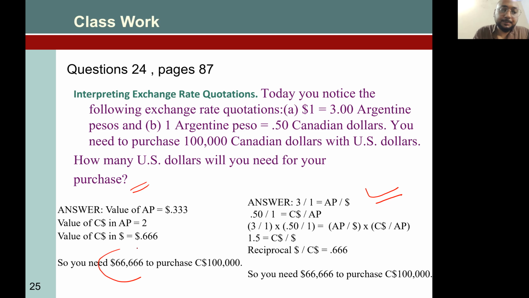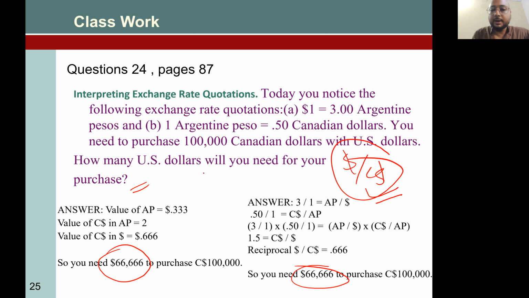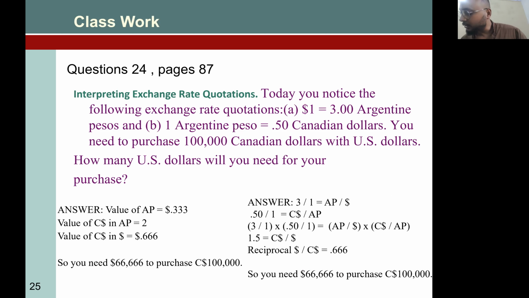The answer is going to be the same whichever method you follow, either finding the dollar over Canadian dollar ratio, or the Canadian dollar over dollar ratio. At the end, you need to convert 100,000 Canadian dollars into US dollars. The answer is going to be the same. So any questions? I have seen your group activity, and I think everything is fine and good.